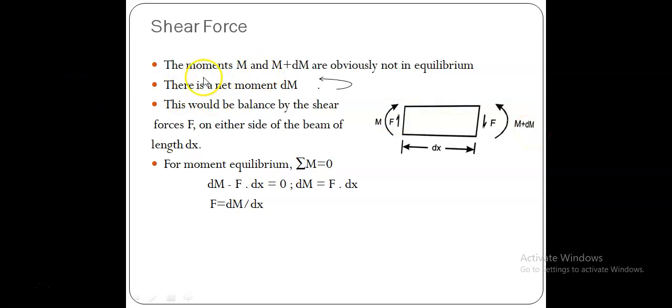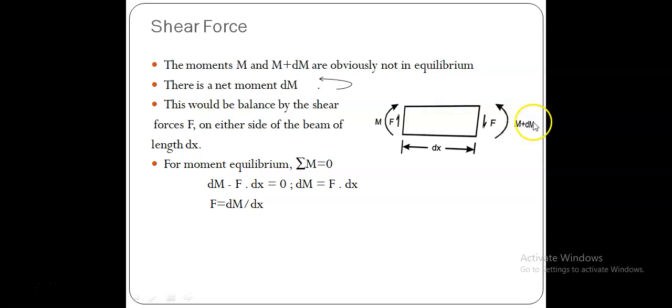Here the moments M and M plus dM are obviously not in equilibrium. There is a net moment dM, which may be in the anti-clockwise direction. This would be balanced by shear forces F on either side of the beam of length dx.